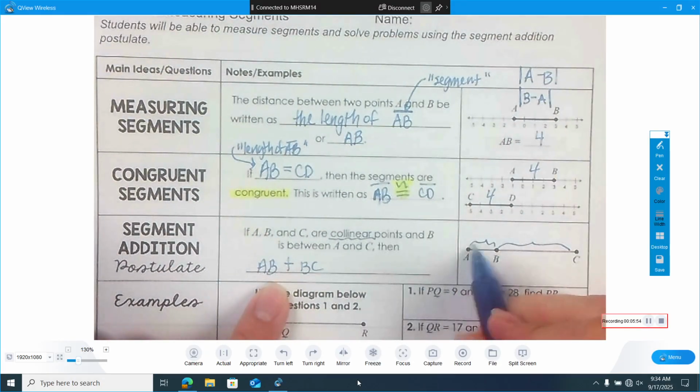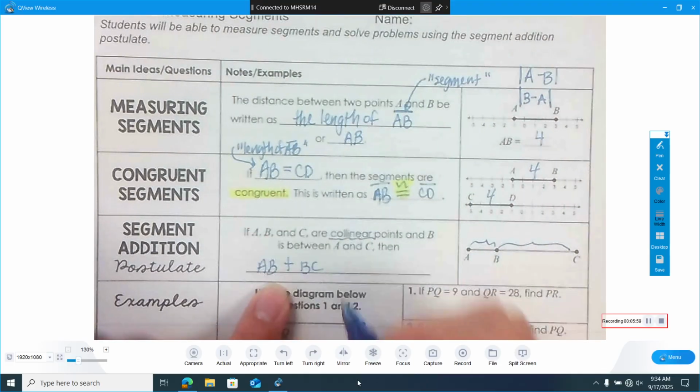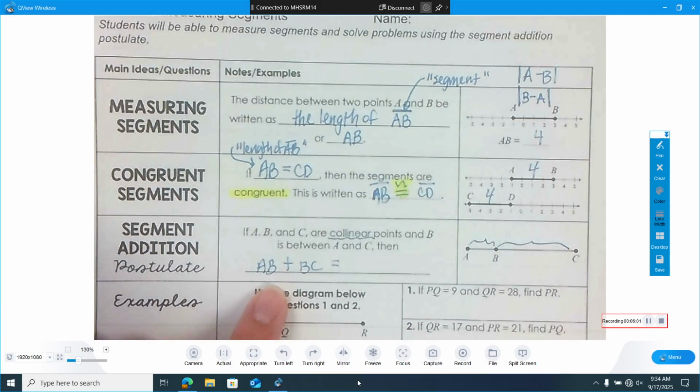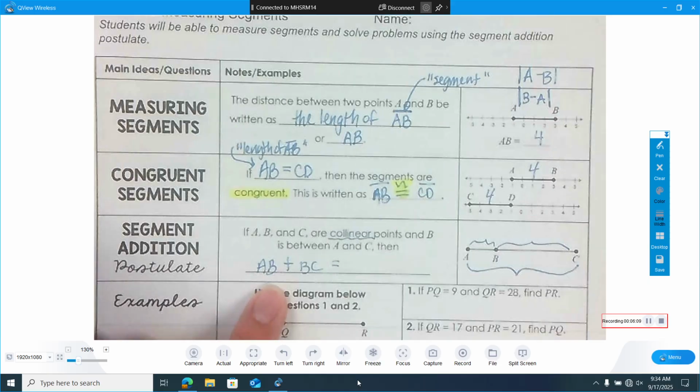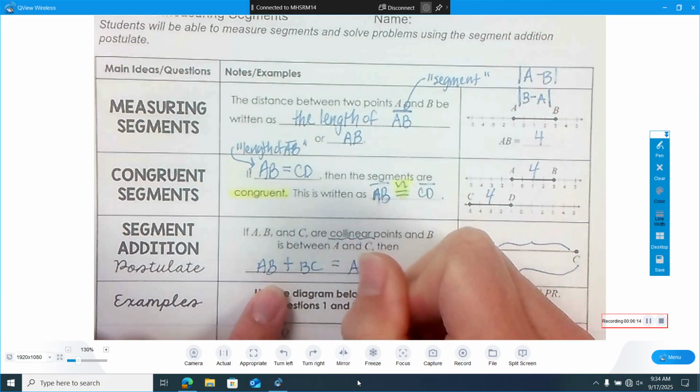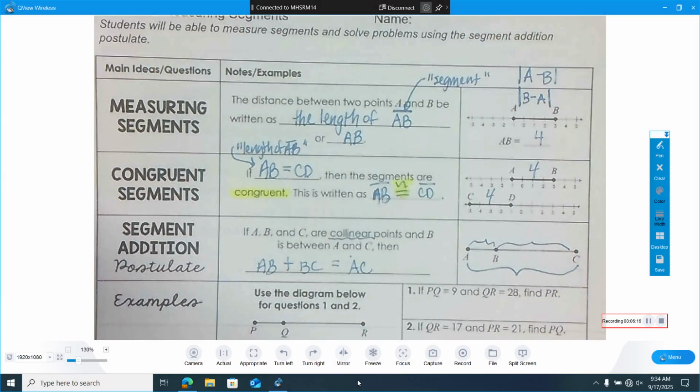If I have this little length right here, AB, plus this little length, BC, what does that equal? Could it just equal the whole thing? Does that make sense to you? The whole length of AC.